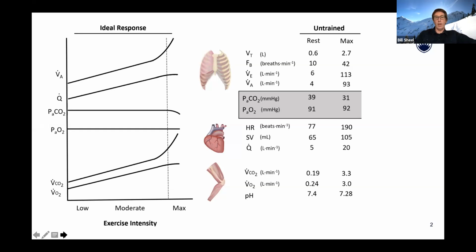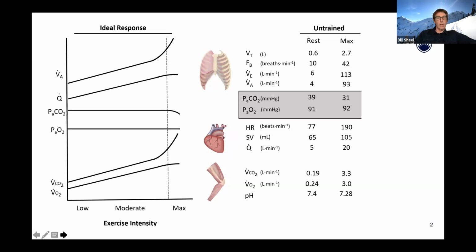So the lung, airways, chest wall, and respiratory musculature generate changes in frequency, tidal volume, etc. Cardiovascular variables are shown there from rest to maximum in the untrained individual, as well as what happens at the level of the tissue.